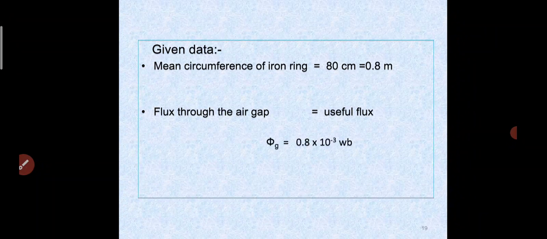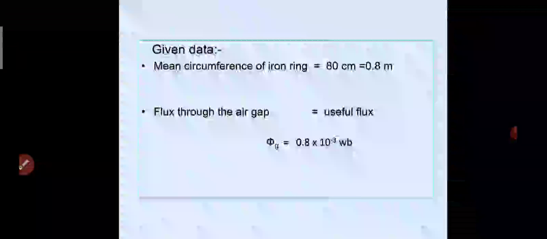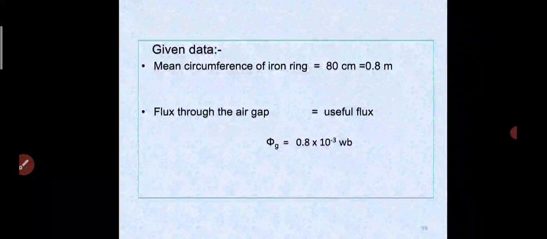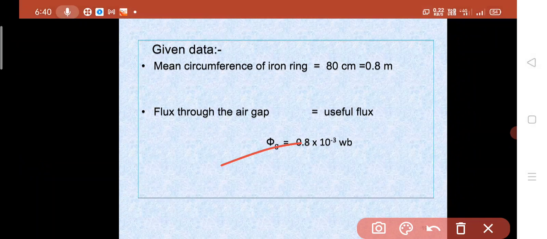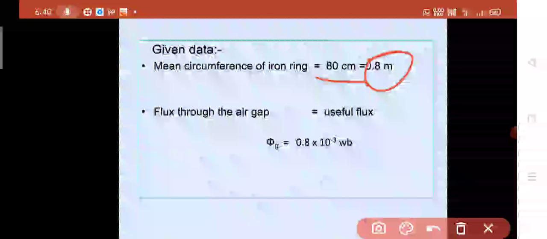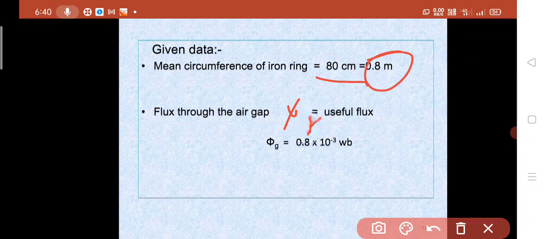Write the given data. So, mean circumference of iron ring is 80 centimeters. We can convert to meters, so 0.8 meters. Flux through the air gap, phi g, is equal to 0.8 into 10 to the power of minus 3 webers.